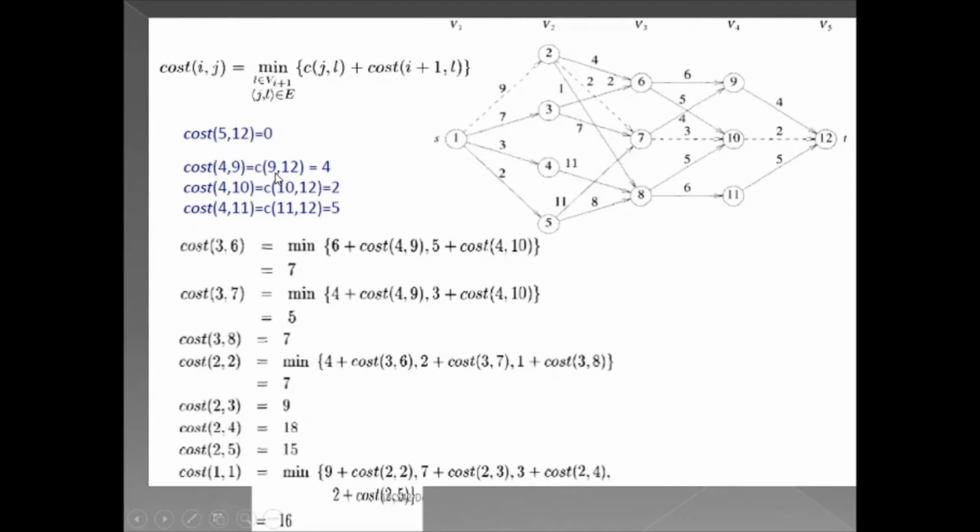That is 9 comma 12, where 9 is the vertex and 12 is the connecting vertex. The cost of this edge is 4 and directly we take it. Cost of 10 is the edge cost 10 comma 12, which is 2 here, and the same thing, 11 is having 5.